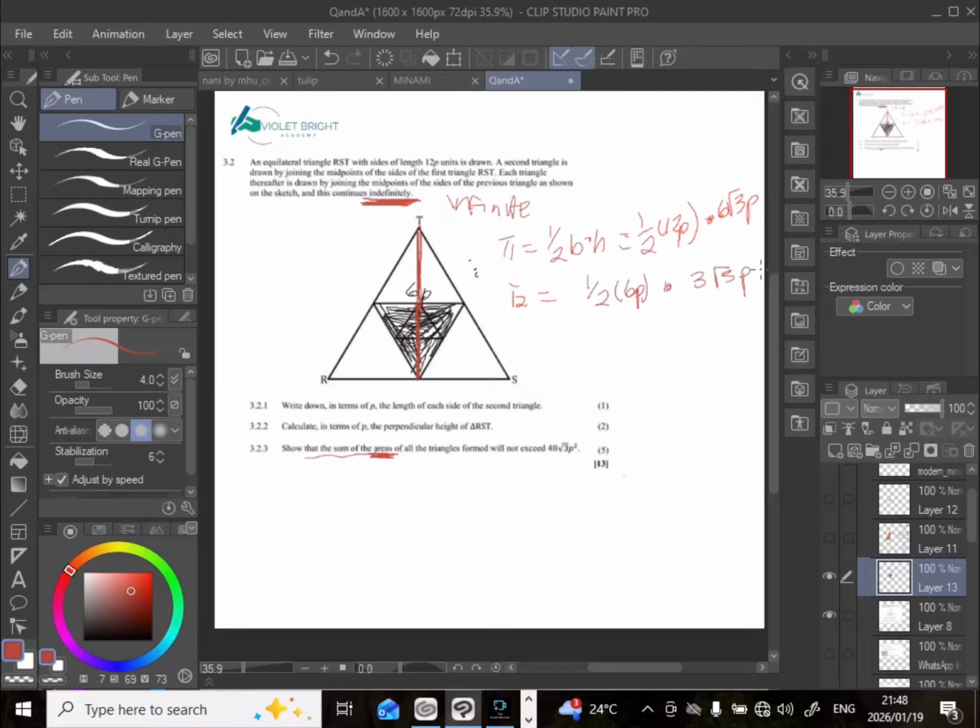So if we want to move to the area of the third triangle, it will be just half of this and half of this. So it's half of 6, which is 3, and then half of 3 over 2, so it's 3 root 3 over 2 p. It's basically like that. Remember, this is our first term, second term, third term.